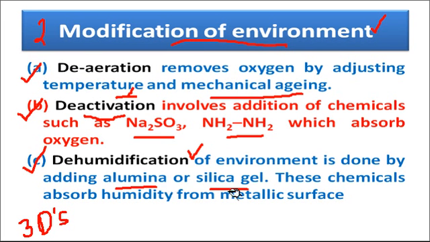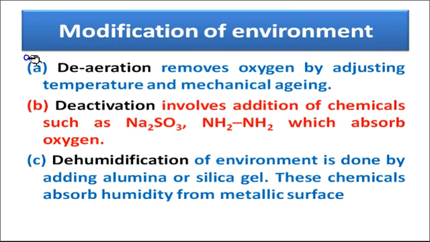Basically, these substances absorb the moisture from the surrounding, and when the substances absorb the moisture, that means dehumidification is done at the metallic surfaces. So by these ways we are removing oxygen, air or water from the metal surroundings, and once removed from the metallic surface, corrosion chances can be minimized.